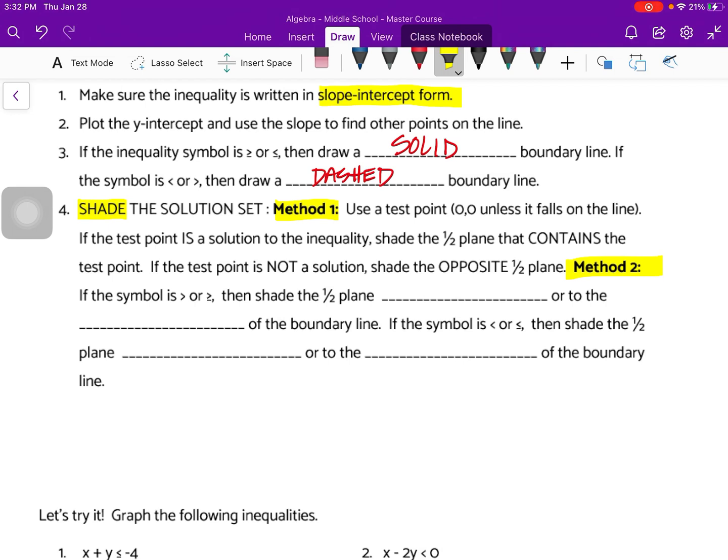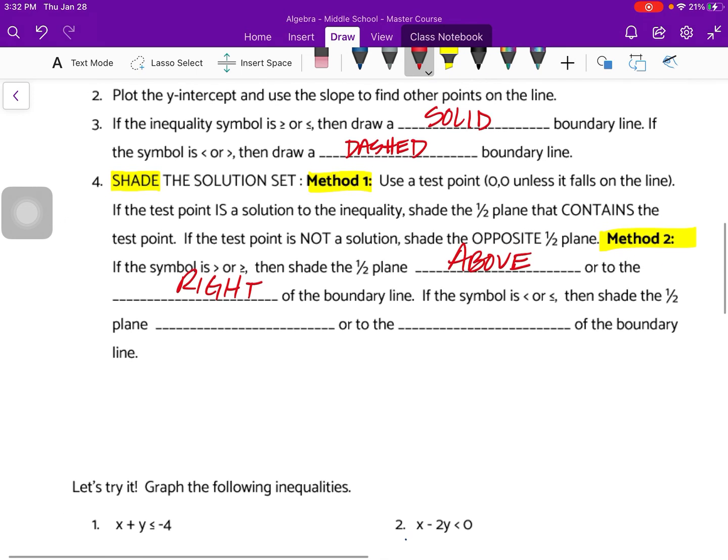Okay, as you're working through, method 2 is really what I call kind of the common sense method. So if your symbol is greater than or greater than or equal to, then you shade the half plane that is above or to the right of that boundary line.